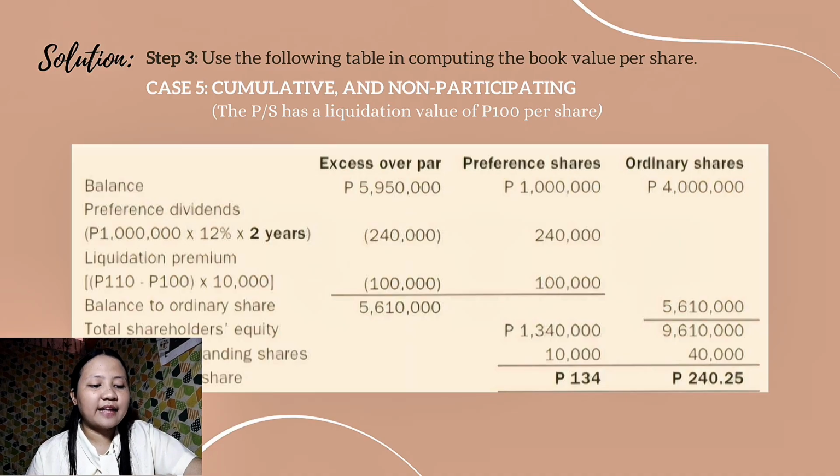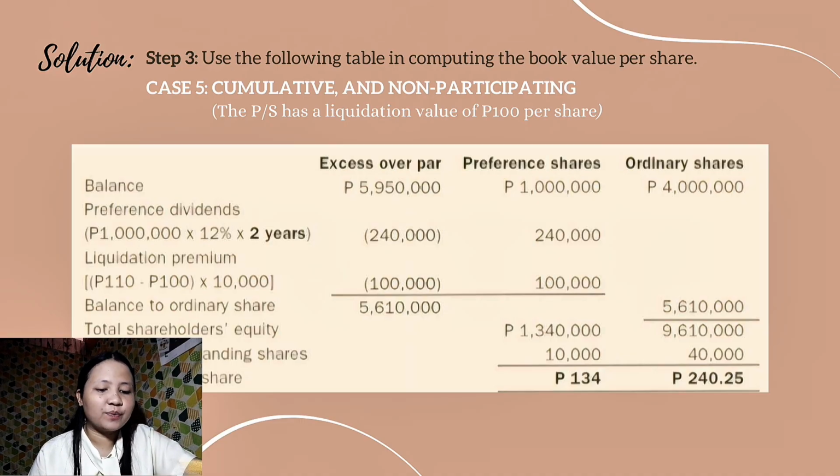Preference share is entitled to the 10 pesos excess. So, we take 110 pesos minus 100 pesos, equal to 10 pesos liquidation premium per share. We multiply this by 10,000 total shares outstanding for preference shares. It would give us a product of 100,000 liquidation premium balance.